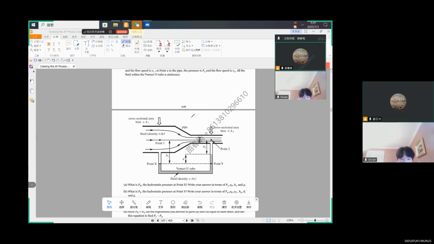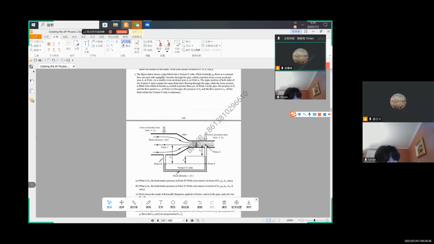Okay, go to the PX. They mentioned pressure, and they have a P1, right? They said at point 1 in the pipe, the pressure is P1.